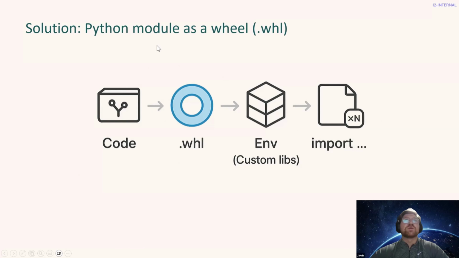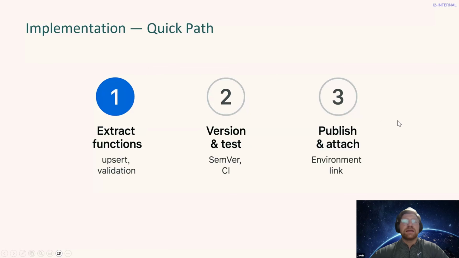So there is a Python wheel which you can use to put your code in a lib, which is then easy to import. It is always best to start with extracting the most repeated functions, like some validation functions which you use in your code.